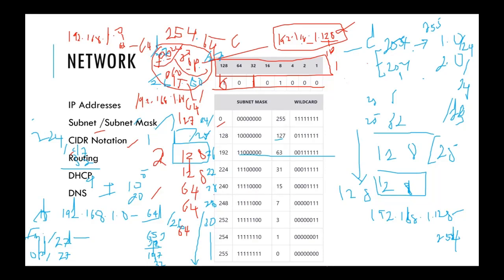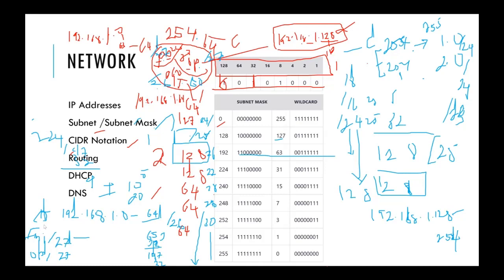So the default for class A is /8, right? Yes, sir. Default for class B is /16. Yes. Default for class C is /24. Yes. If you are breaking this class C down into smaller subnets, this number will continue to increase in this direction, which means you are subnetting.